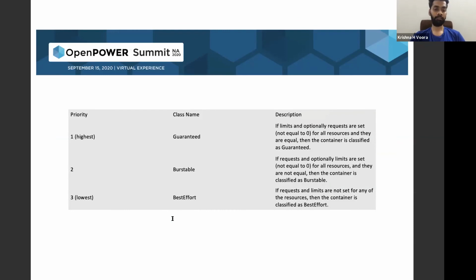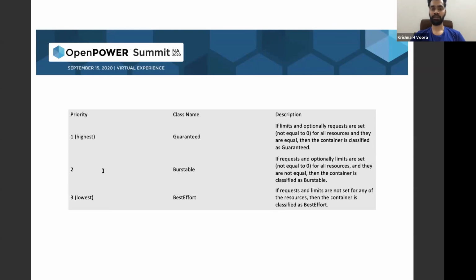We have 3 different quality of service classes or tiers available at our disposal. This is a fundamental topic in Kubernetes and has been consumed into OpenShift as well. You can think of a container and how resources can be defined for that container.